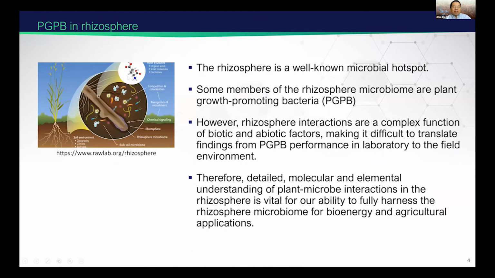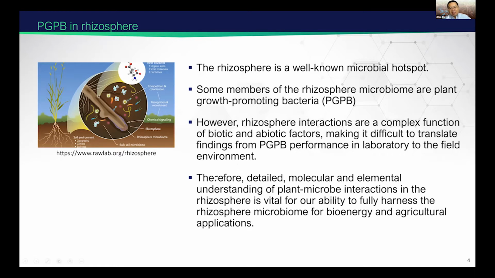So, PGPB in the rhizosphere. As I showed, the rhizosphere is a well-known microbial hotspot, and some of the microbes in the rhizosphere are plant growth-promoting bacteria, or PGPB. However, rhizosphere interactions are a complex function of biotic and abiotic factors, making it difficult to translate results from the lab to the field environment.